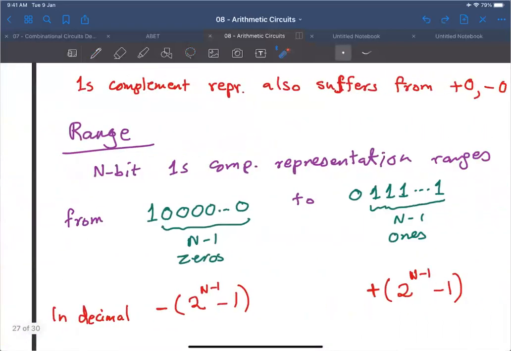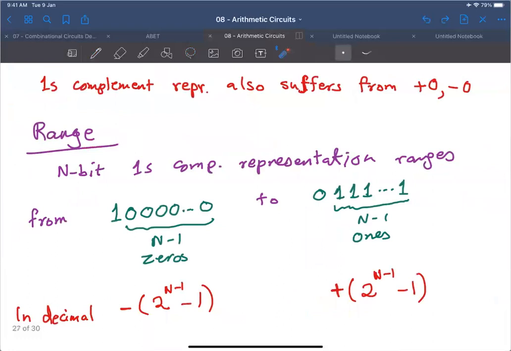So the one's complement representation also suffers from +0 and -0. If we say 4-bit one's complement representation, what is plus 0? It's going to be 0, 0, 0, 0. That's a plus 0, right? What is negative 0 in one's complement? 1, 1, 1, 1.